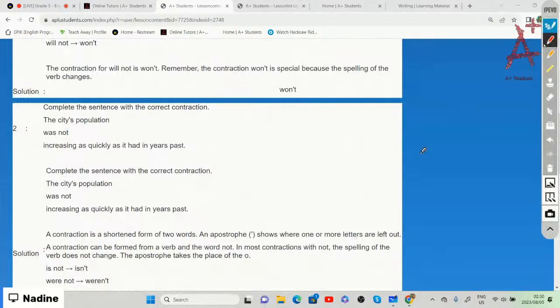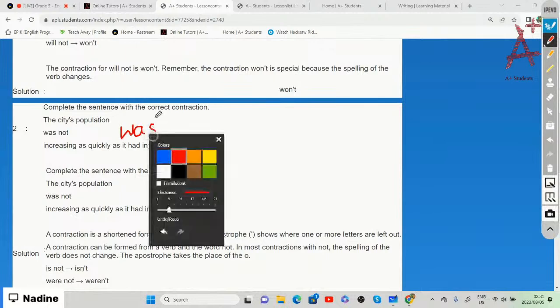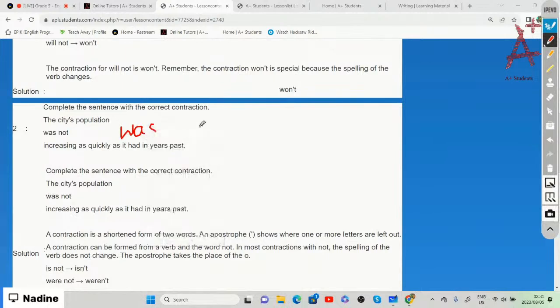Let me write it down. Was not, so we can say wasn't. So the city's population wasn't increasing as quickly as it had in years past.